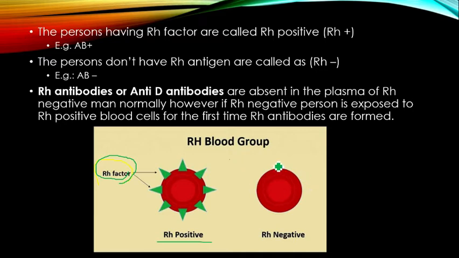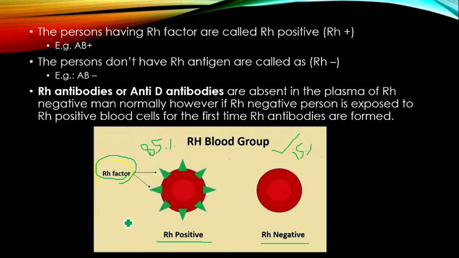If there is no Rh antigen on the surface of the RBC, then those people belong to Rh negative. Approximately 85% of human beings are Rh positive, because they contain Rh antigen on their RBC. The remaining 15% of people are Rh negative.